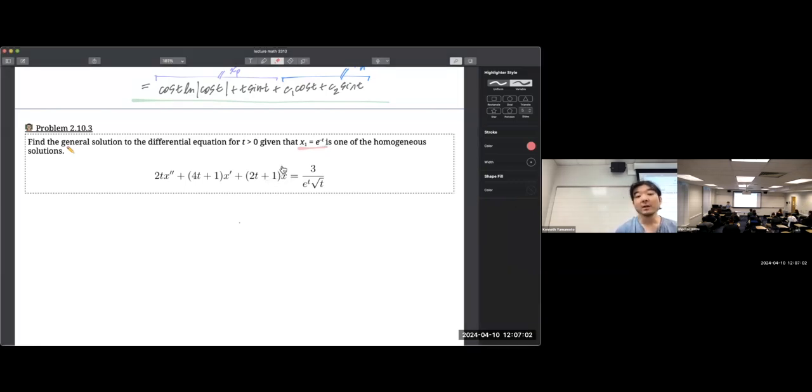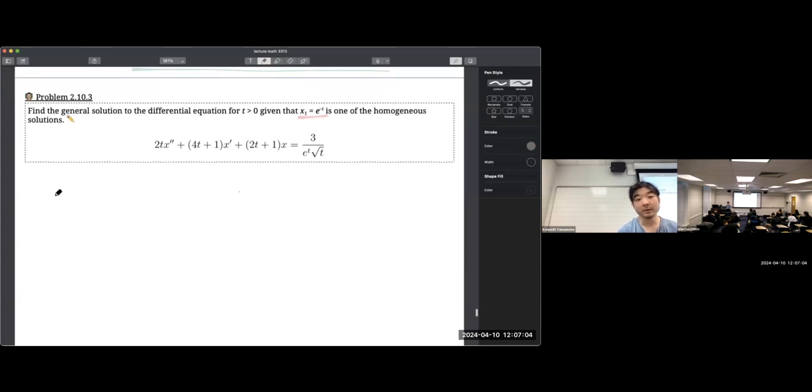So you'll first do reduction of order, because you need to find the other homogeneous solution. Since this is a non-homogeneous equation, we'll then have to do variation of parameters, especially since this is not a form you can do undetermined coefficients on.